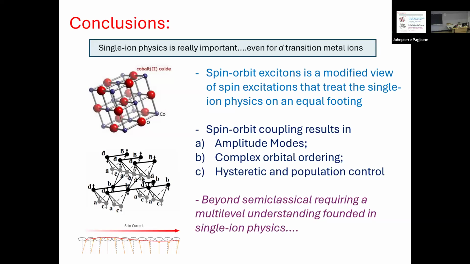I want to make sure I don't take away the wrong message here. Would it be fair to say, based on your talk, that if you have only 4th row d transition metals, then you can mostly just ignore spin orbit coupling for most models?